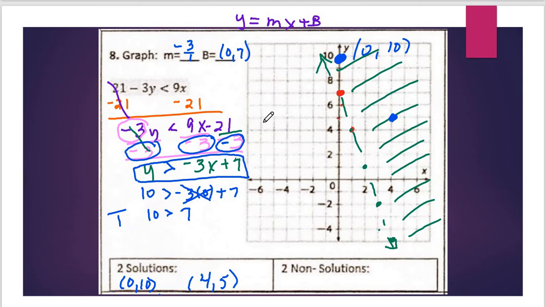Now, if I want 2 non-solutions, I can pick anywhere over here. And here is 0, 0. That's outside of that area. And then I can pick another one. Here's another one right here, which is negative 2 and 3.